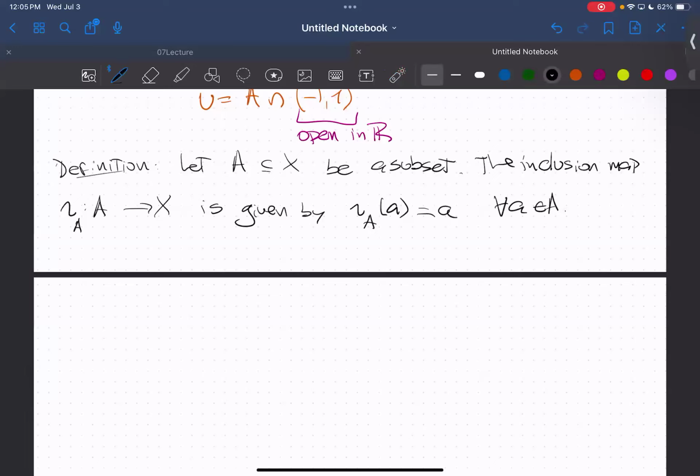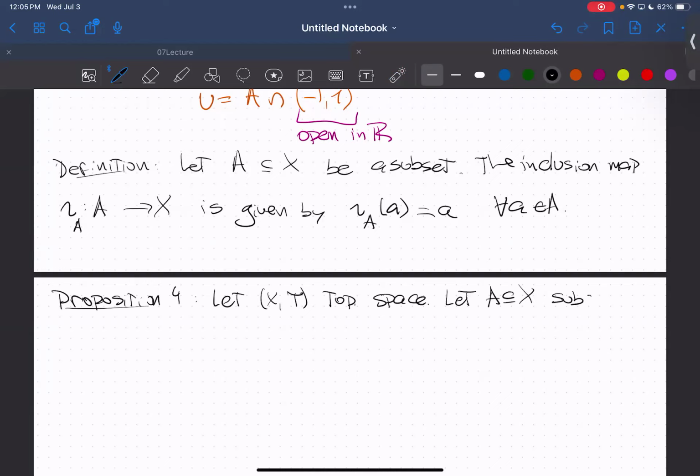So, proposition, this should be proposition 4. I want to start with a topological space. So let X be a topological space, and let's take a subset. Let A inside of X be a subset.